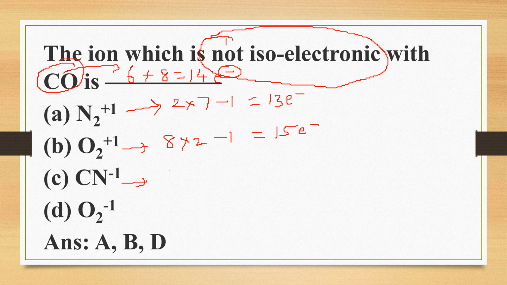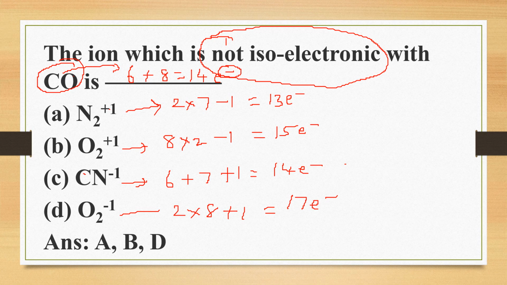Then what about CN minus? 6 plus 7, carbon is 6 and nitrogen is 7, and here minus 1 means plus 1. Here you will get 7 plus 7, 14 electrons. Then what about this oxygen? 2 into 8, 16, here minus 1 is there, means you have to put plus 1, 17 electrons.